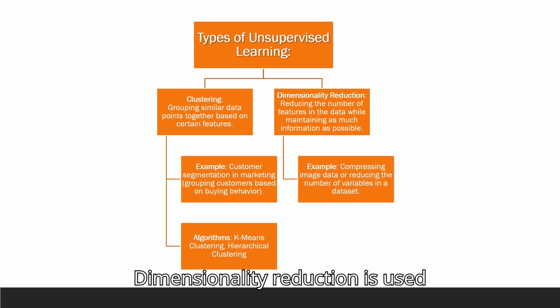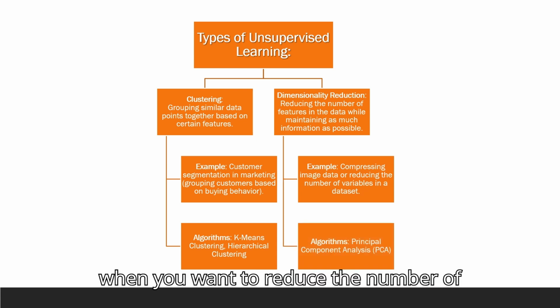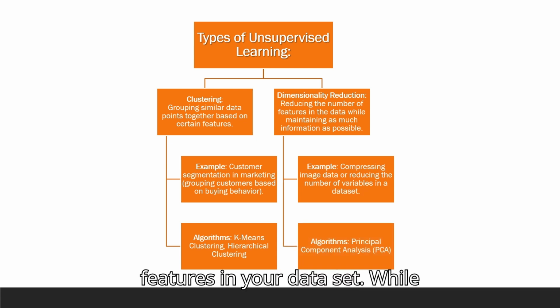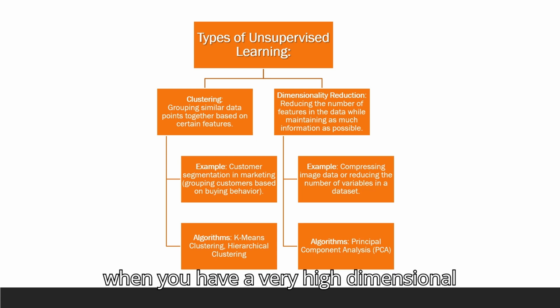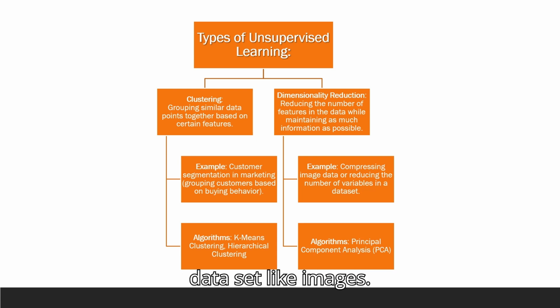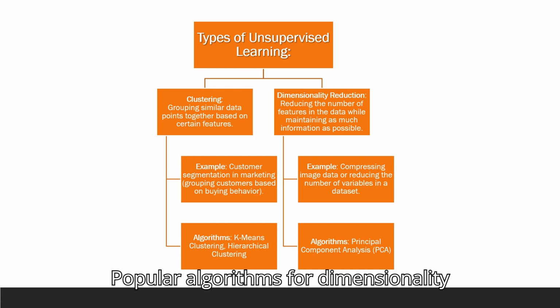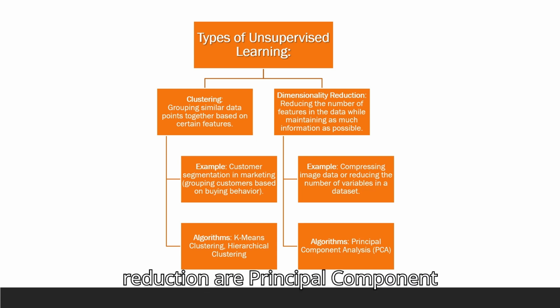Dimensionality reduction is used when you want to reduce the number of features in your dataset while retaining as much information as possible. This is useful when you have a very high dimensional dataset, like images. Popular algorithms for dimensionality reduction are principal component analysis (PCA).